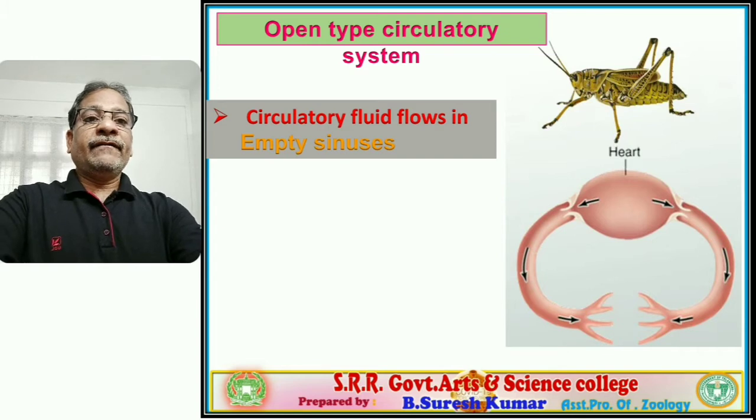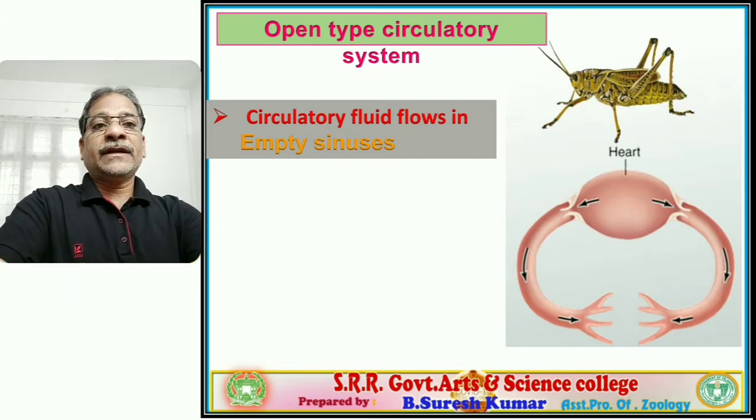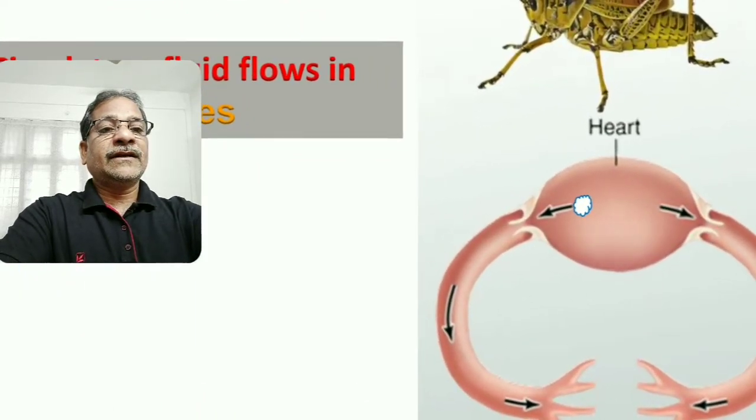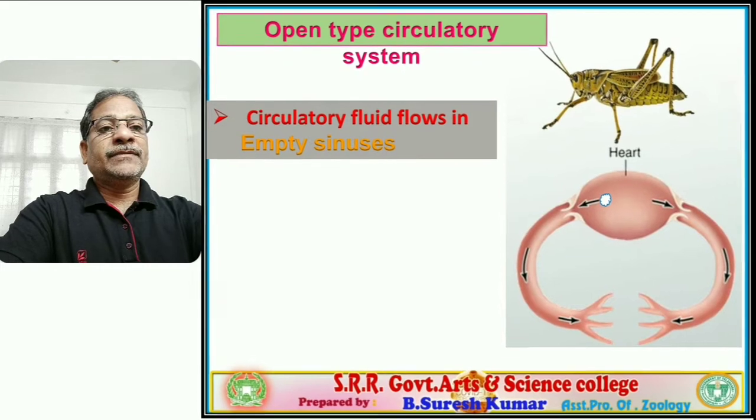The circulatory fluid in the open type of circulatory system completely flows out and circulates in empty sinuses. This is the heart. You observe this is a heart of an insect, cross section, in which blood is present.